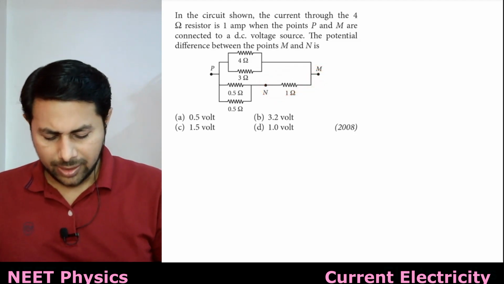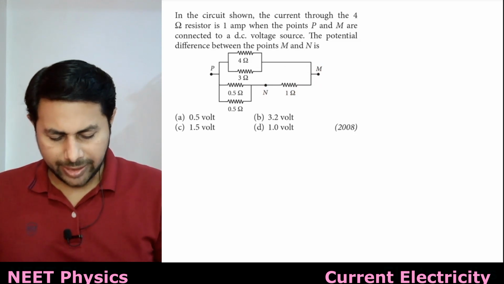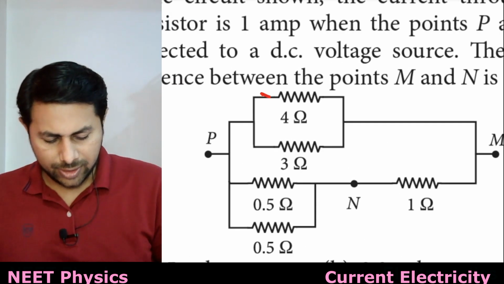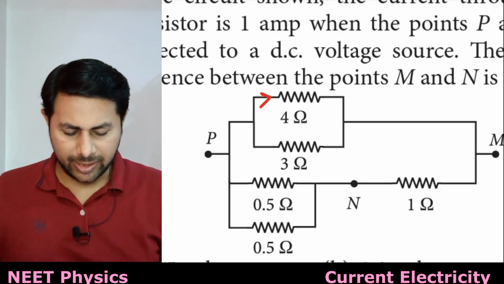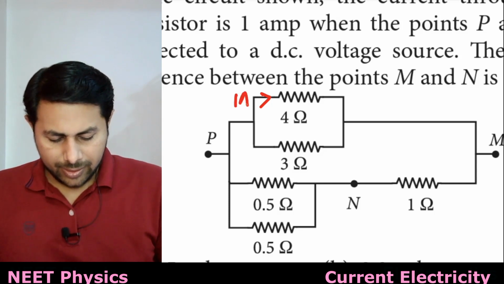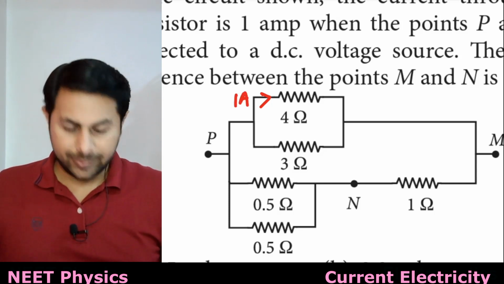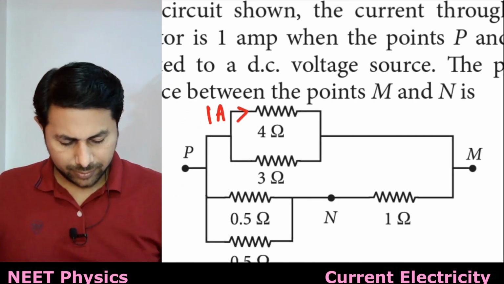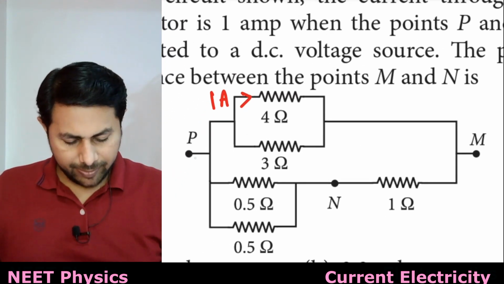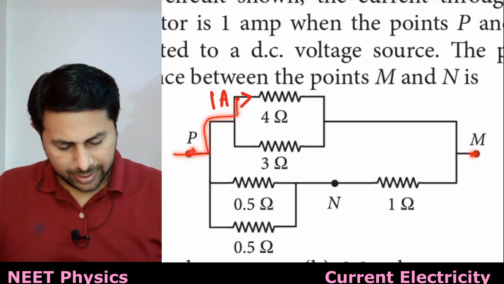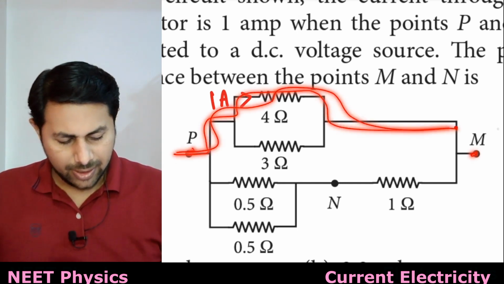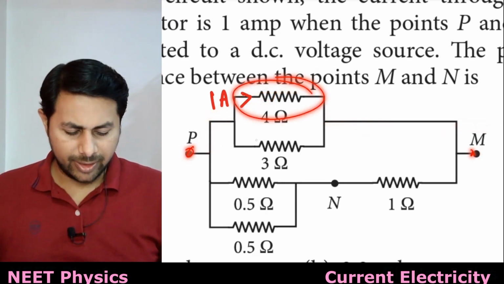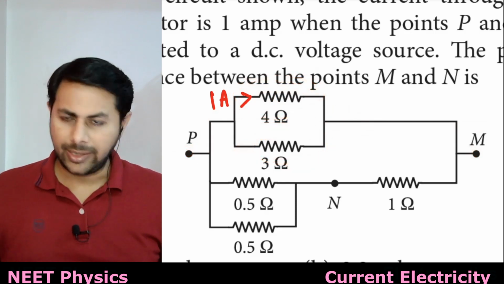Okay, so what's given? Current through the 4 ohm resistance is 1 ampere. Okay, so if you see this, current through this one is given. How much is that? It's 1 ampere. Now you see the points P and M, and if you take this path, there is only this resistor connected between points P and M. This one is parallel, right?